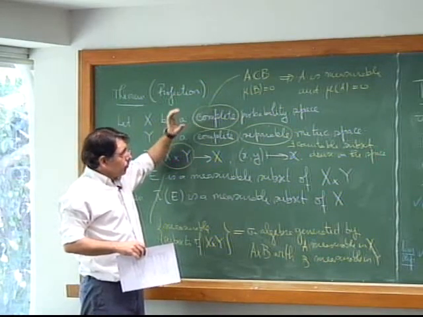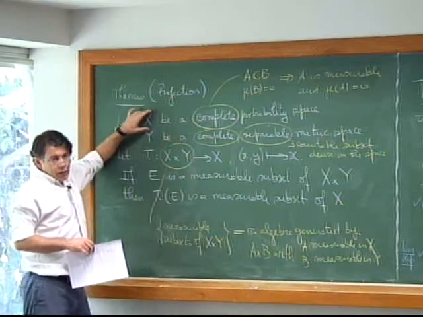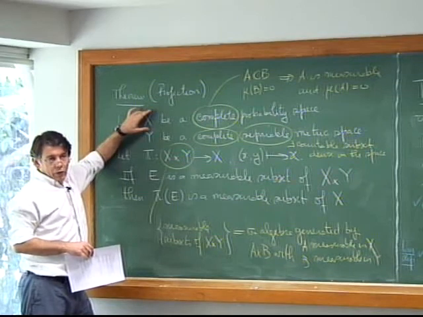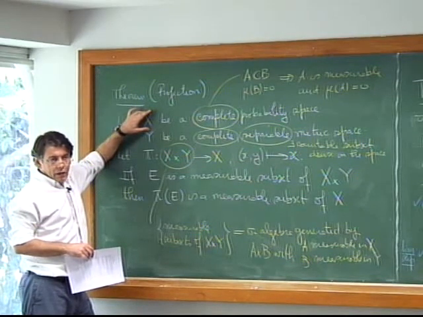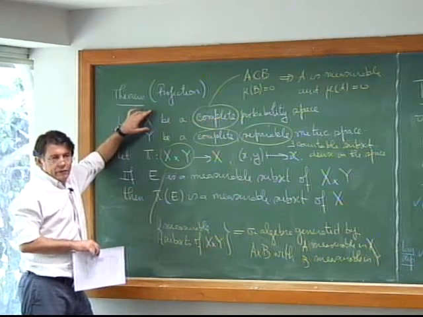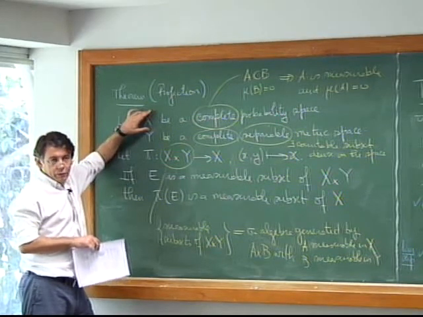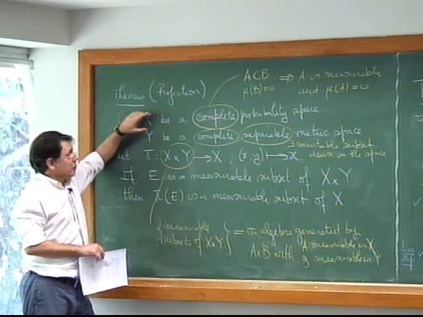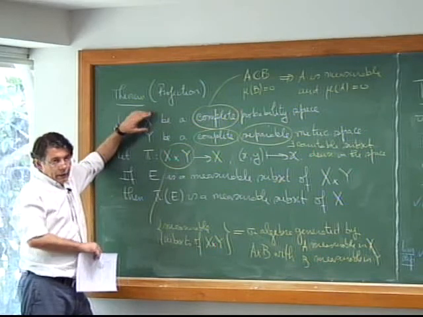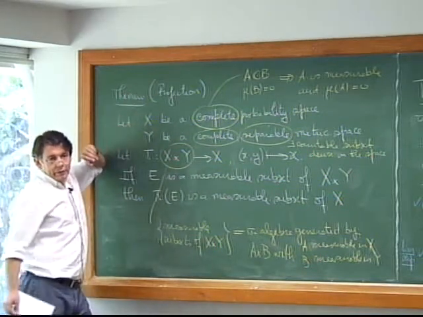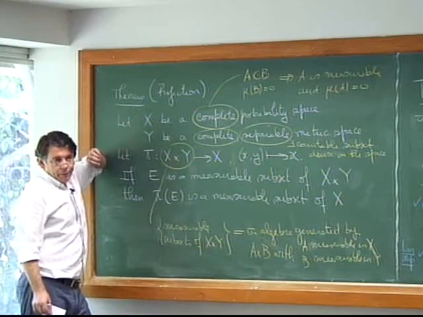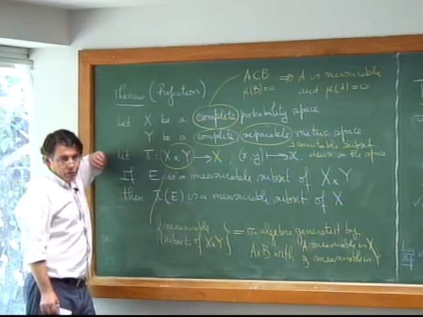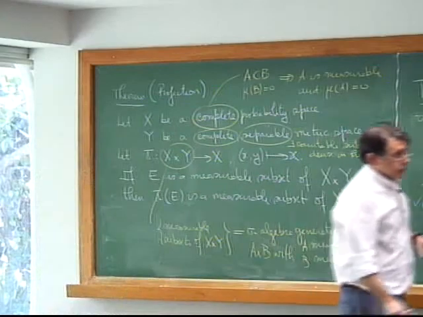It is a simple fact that if you give me any probability space, I can always complete it. What do I do? I just say that any subset of a measurable subset with zero measure is measurable. I add those objects to the sigma algebra, I take the sigma algebra generated by that, and I extend the measure in the obvious way. So given any probability space, you can always complete it for a given measure. And so this is not really a restriction.